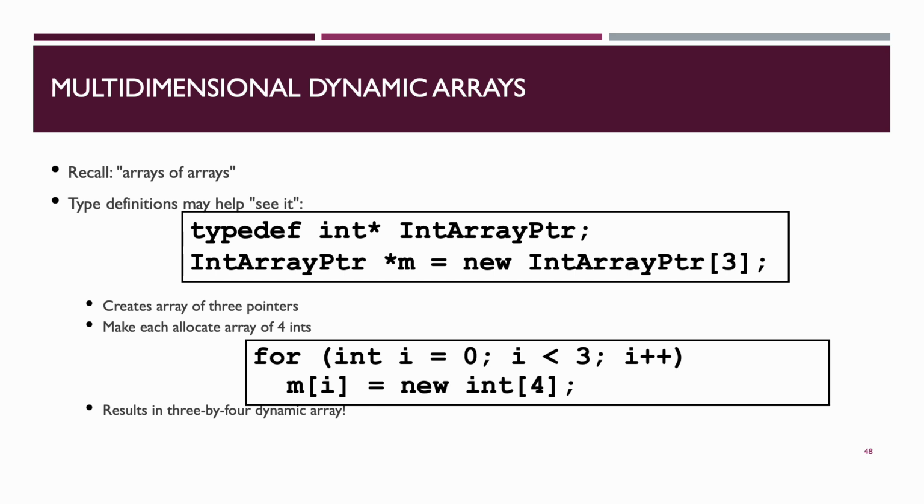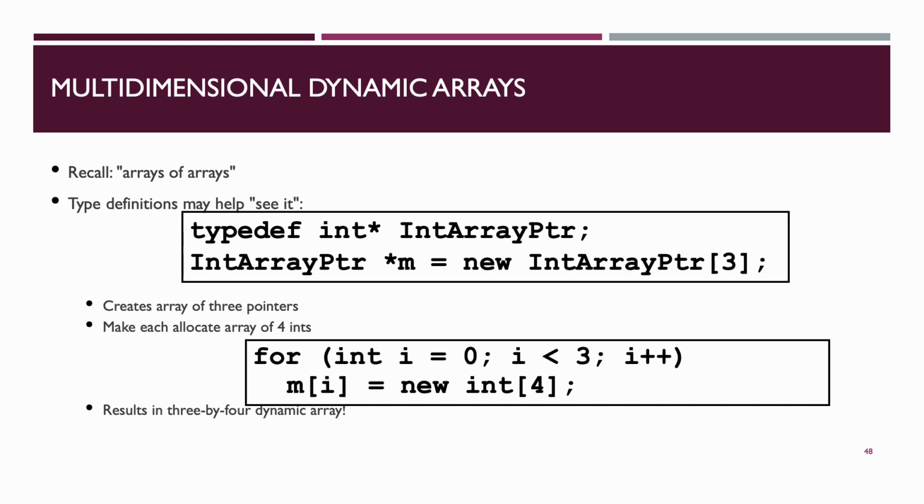So first of all, in C++, multidimensional arrays are essentially arrays of arrays. You can dynamically allocate these arrays, giving you even more flexibility with memory and array size. So if you look at this code, typedef int* IntArrayPtr, this line indicates that IntArrayPtr is a pointer to an integer. Using this typedef helps simplify the syntax, especially when dealing with multiple layers of pointers.